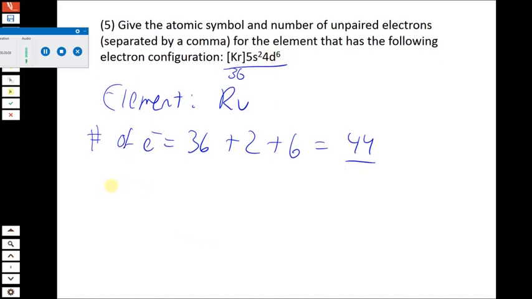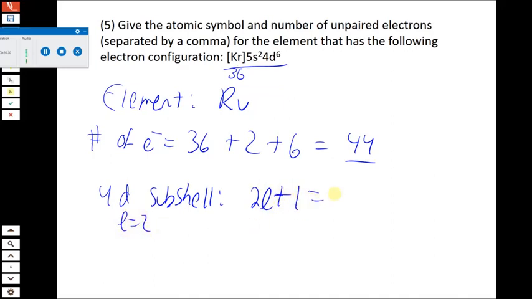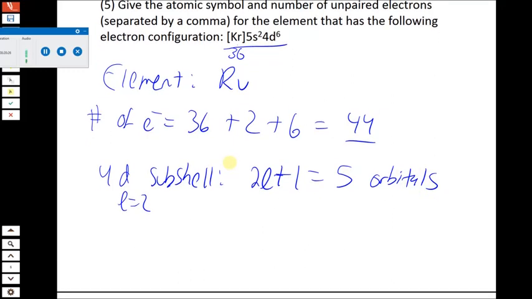So if you have a 4d subshell, l is equal to 2, so 2l plus 1 equals 5. So you have 5 orbitals in any d subshell.